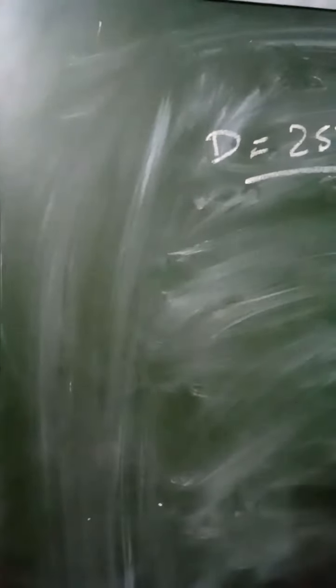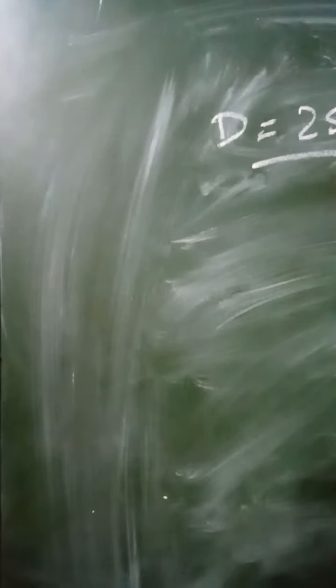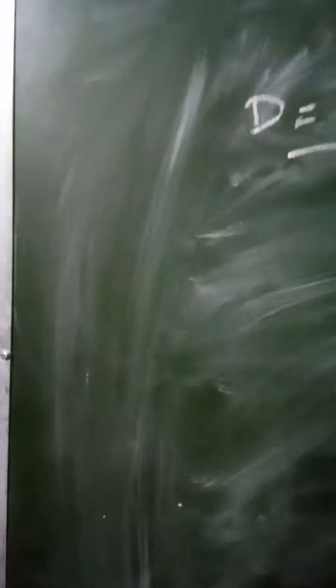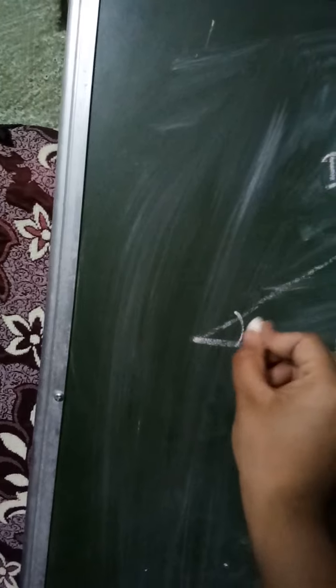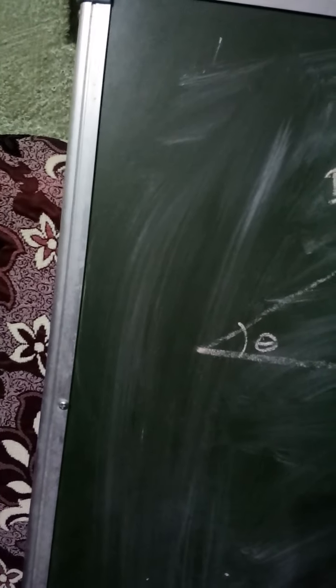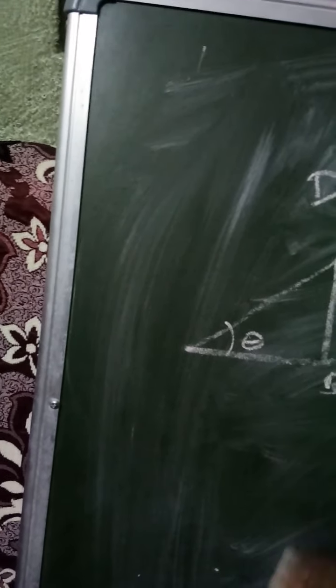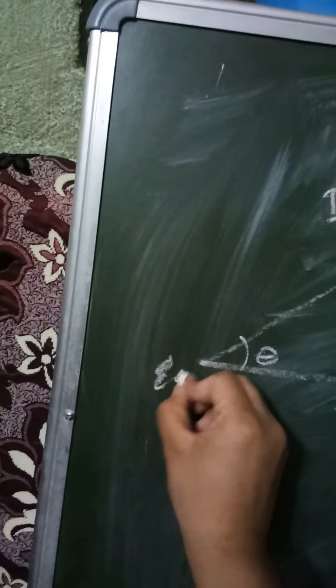Our eye is natural, but the simple microscope is an instrument. So now I discuss a triangle. This is theta, this is A, this is B, the object, and this is our eye.